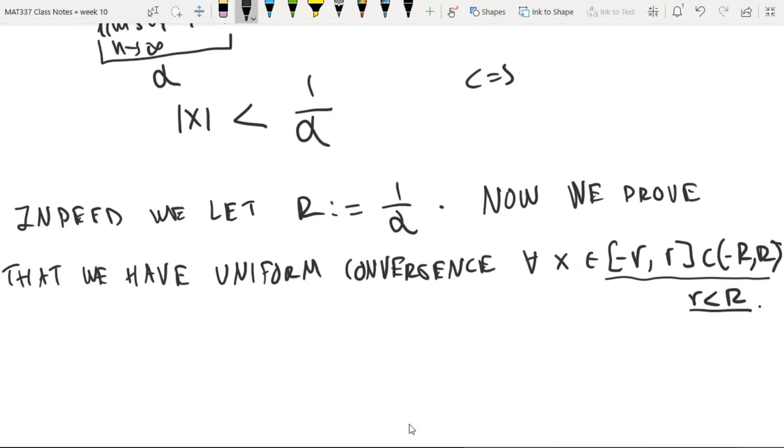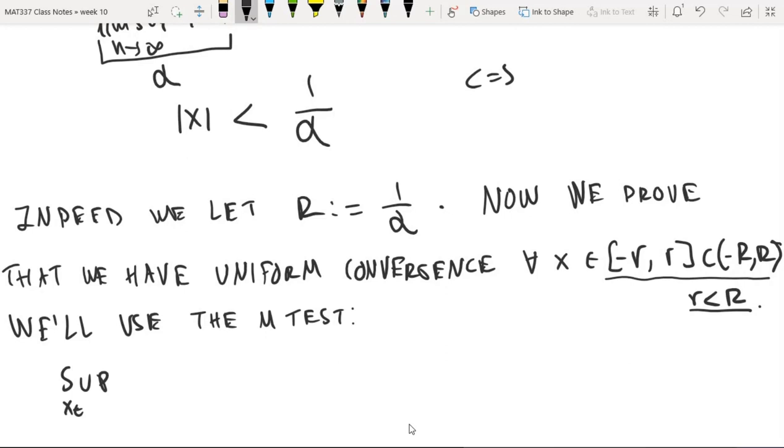So we will use the M-test. What do we have? We have that the sup over x in minus r, r of the coefficient, so it's an x to the n, is less than an r to the n, right?